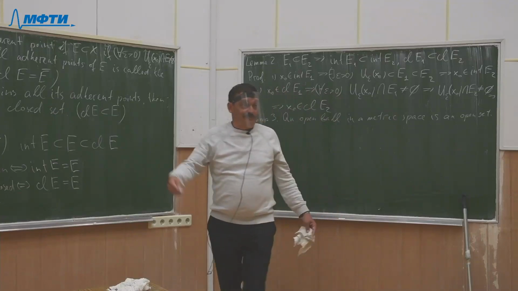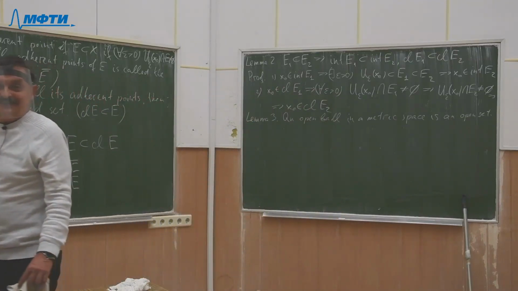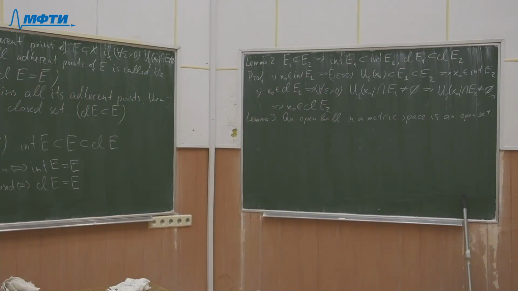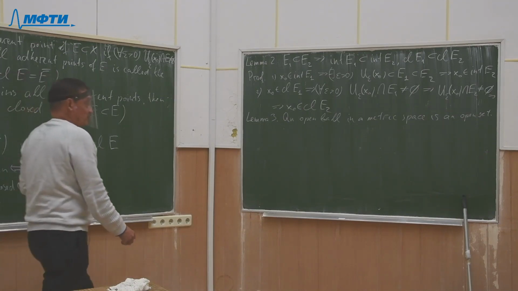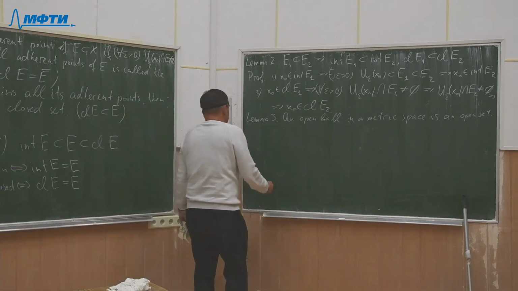You can say, but it is called open, right? It doesn't matter. Maybe it was a bad title, right? And in fact, an open ball may not be an open set. That is an assertion which should be proved. So, proof.